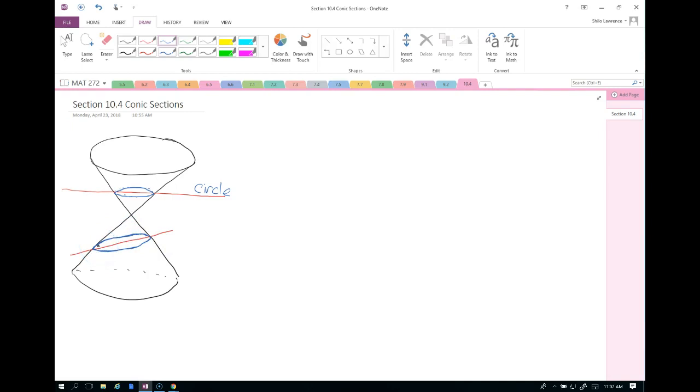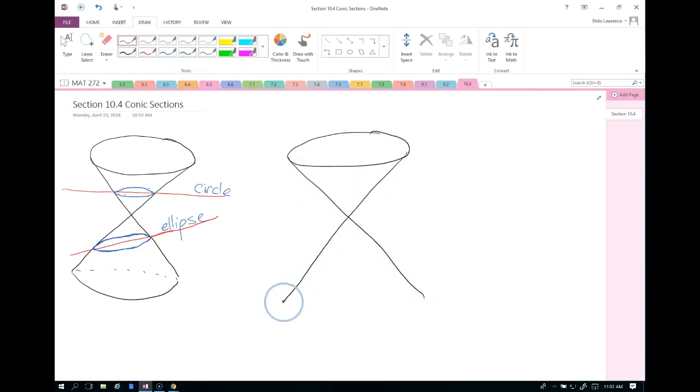So it might be stretched out in one direction or the other. And then just so this thing doesn't get too crowded, I'm going to draw the other 2 on a different cone.